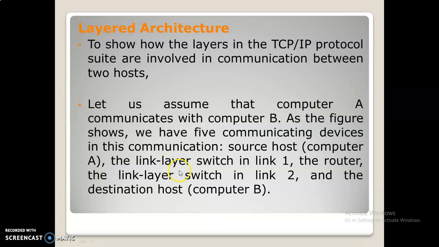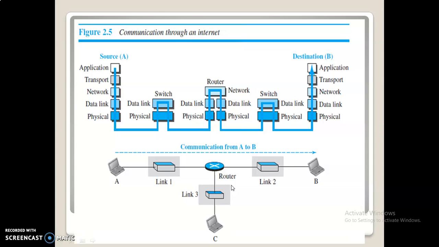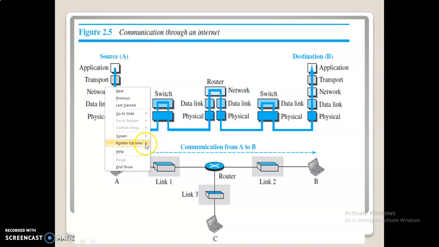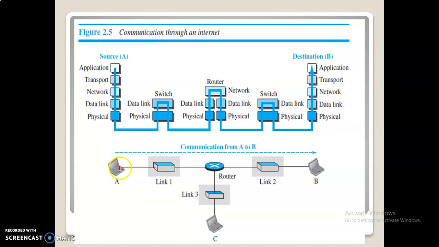For example, let us assume that computer A communicates with computer B. We have 5 communicating devices in this communication. So what are the communication devices? The source A is one. The second is the link layer switch.